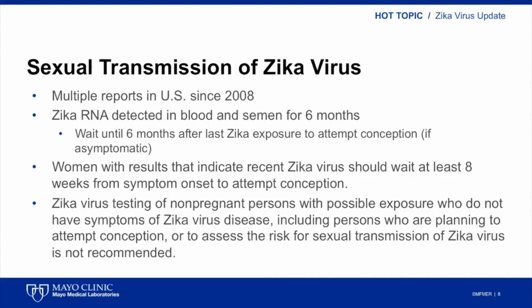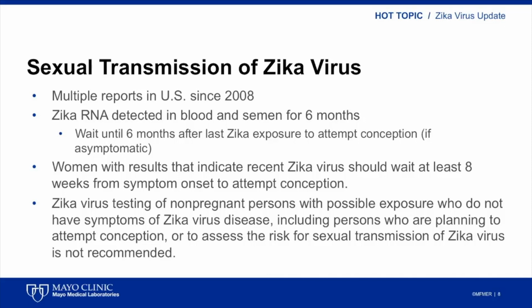Women who have had possible Zika virus exposure through travel or sexual contact and do not have ongoing risk for exposure should wait at least 8 weeks from symptom onset or the last possible exposure, if they are asymptomatic, to attempt conception. Men with possible Zika virus exposure, regardless of symptom status, should wait at least 6 months from symptom onset or the last possible exposure if they are asymptomatic before attempting conception.